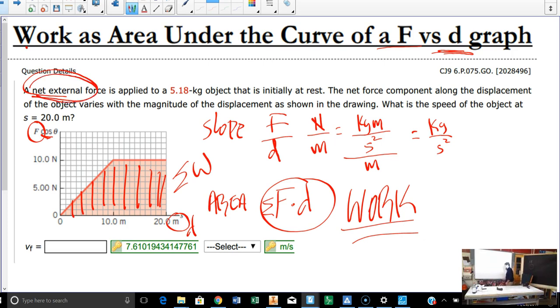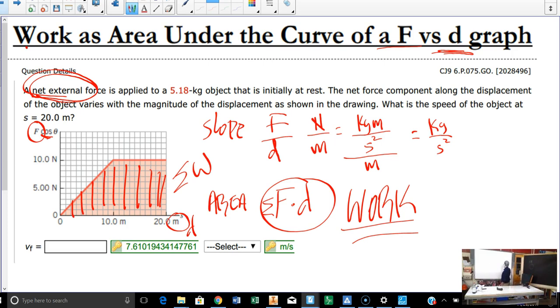It depends on whether they're talking about net force or a single force, not looking at the combination of all the forces, just the work done by a single force. But if you look at it in terms of net force like this, the area under the curve is the net work done. Okay.